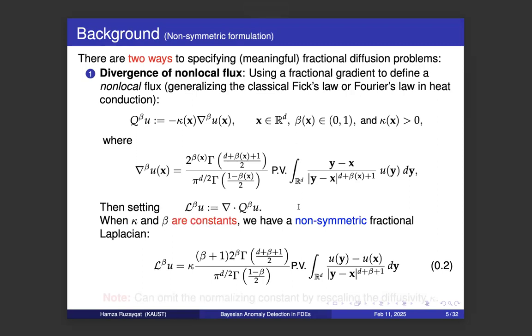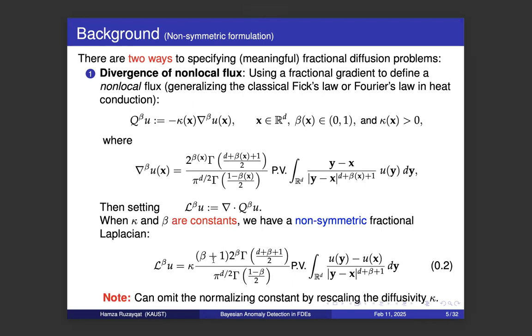Now, when kappa and beta are constants, we get a non-symmetric fractional Laplacian, which is given by this operator. And we can see here that u of y minus u of x appears. This corresponds to the non-local interactions, so the point x is interacting with the whole domain of R^d through the integral.